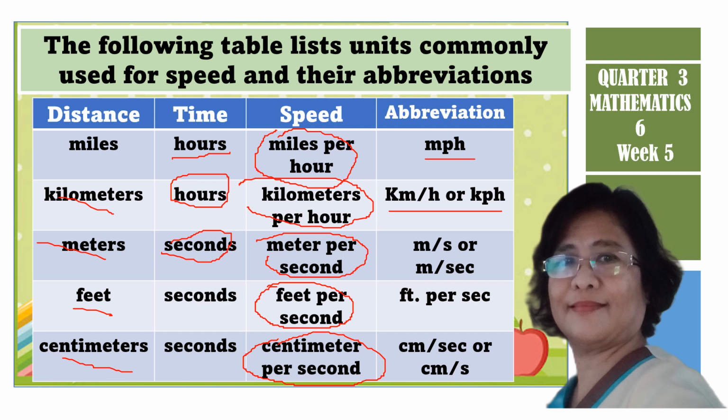Then feet per second, feet per sec. For centimeter, we also have centimeter per second or cm/s. So these are the terms commonly used in finding the speed and their abbreviations.